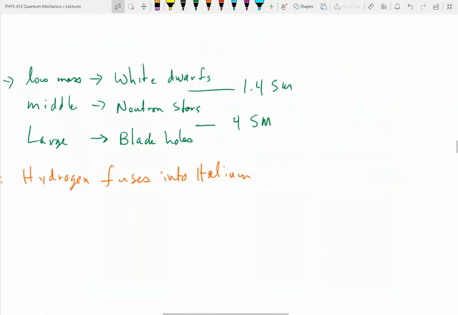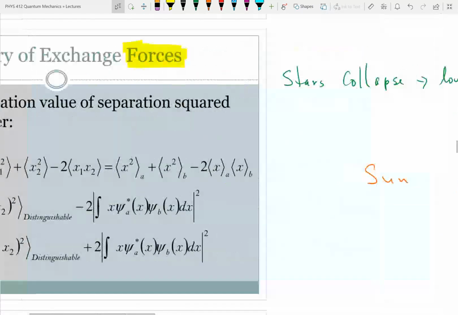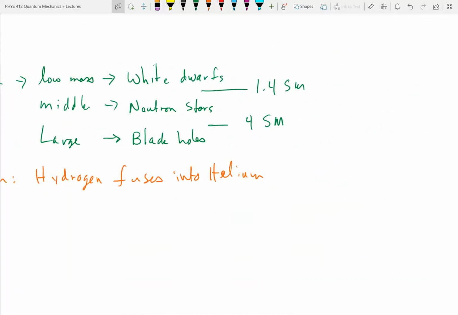So this white dwarf, we say that it's a diamond, that it's primarily carbon and oxygen, some helium, in the white dwarfs. But it's not the carbon, oxygen, and helium that's keeping it at its size. It's the electron degeneracy. It's this exchange force that's keeping it from collapsing.